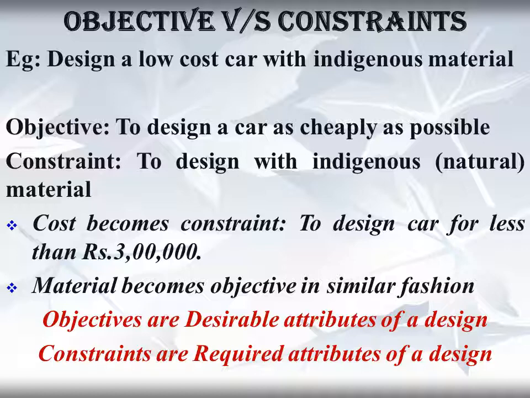Now, you must have understood the difference between an objective and a constraint. Cost becomes a constraint to design a car for less than rupees 3 lakh. Material becomes an objective in a similar fashion. Objectives are desirable attributes of a design, whereas constraints are required attributes of a design.